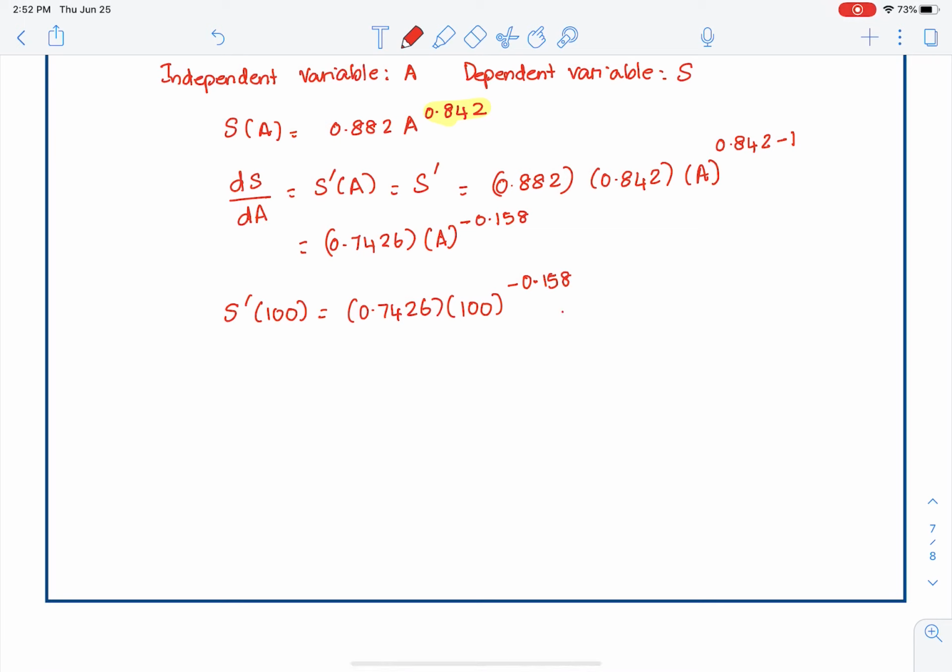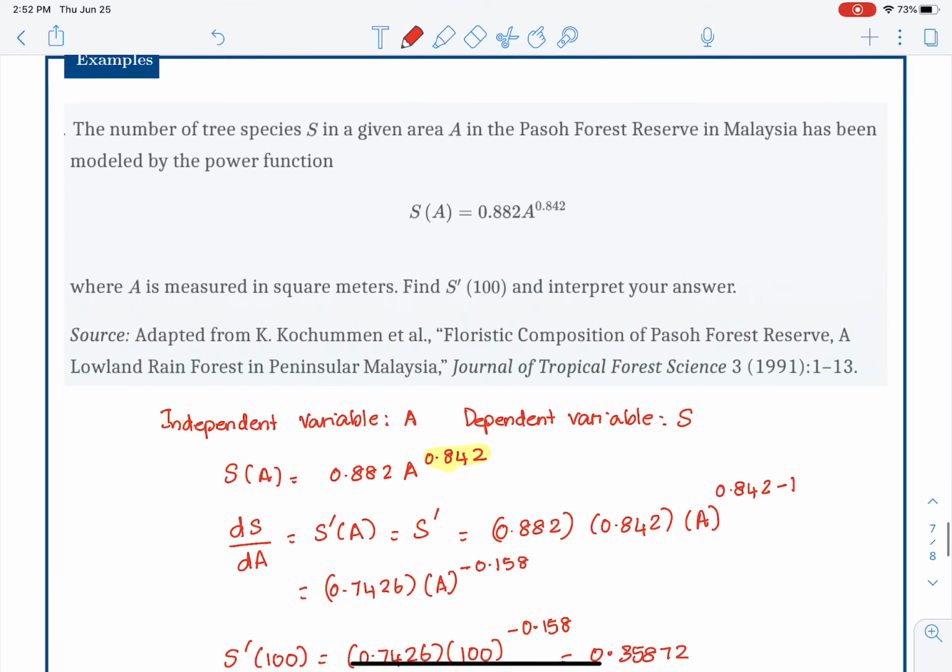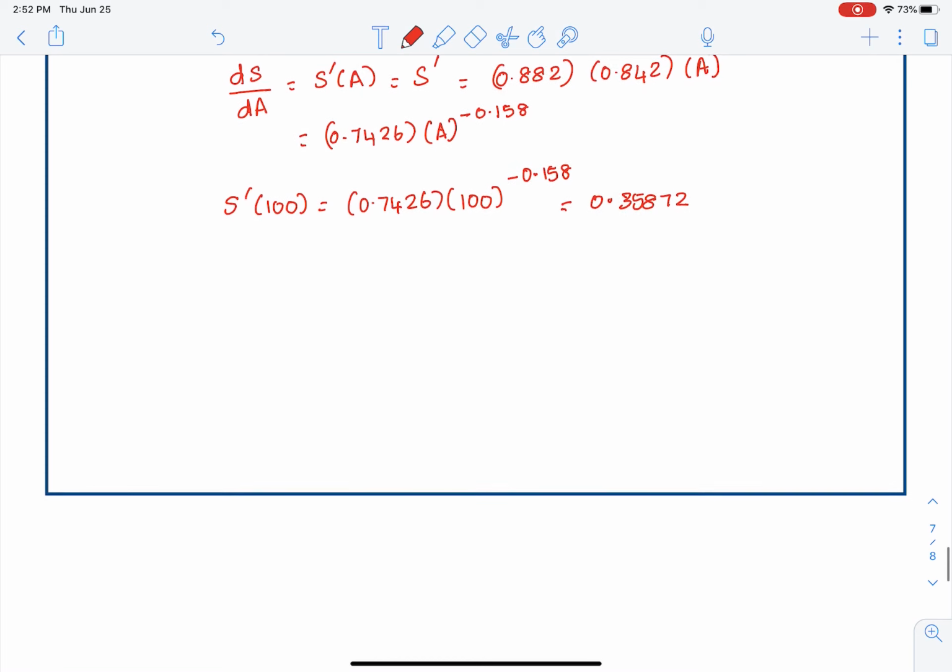And I get 0.35872. So how do I interpret this?